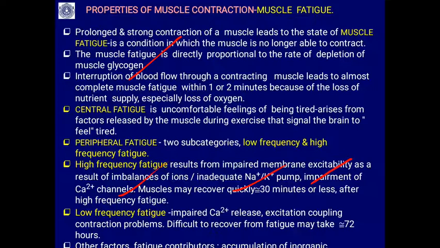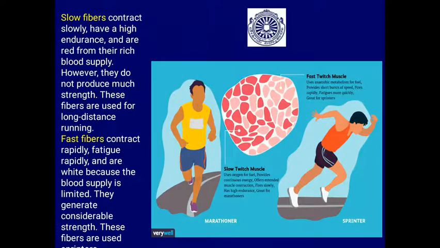It's called the fatigue condition. So dear students, you should decide between slow muscles or fast muscles. Fast muscle fibers contract rapidly and fatigue rapidly. Only sprinters, the 100-meter dash and all, require these fast muscles. Whereas for continuous physical activity, continuous work for 3-4 hours, you have to develop slow fibers.